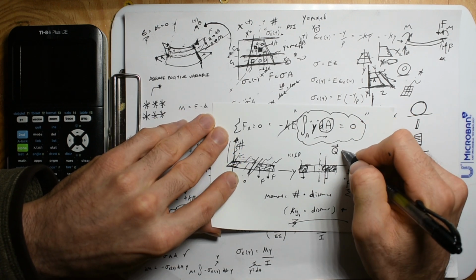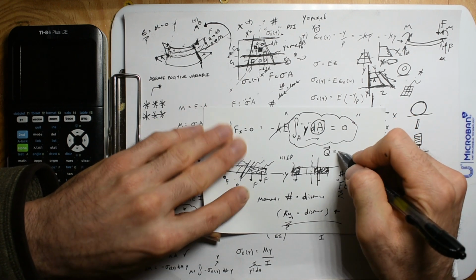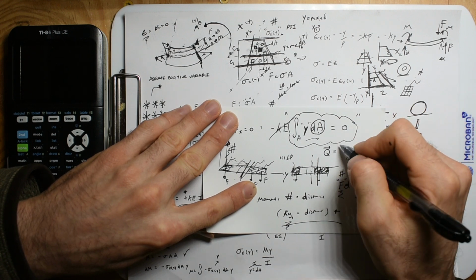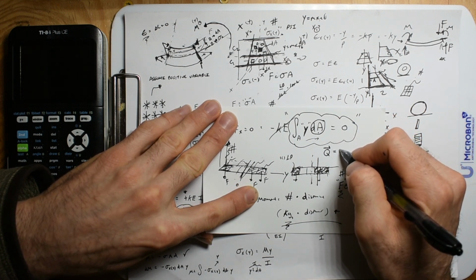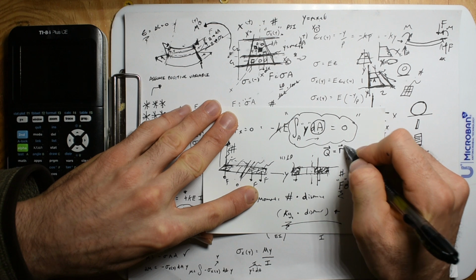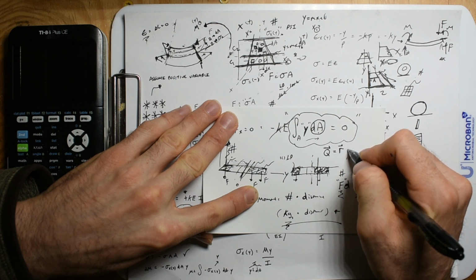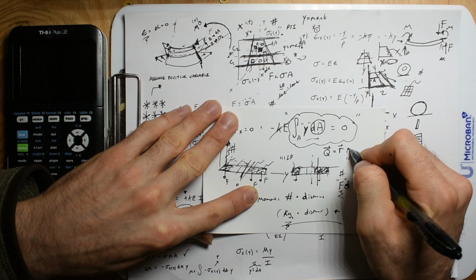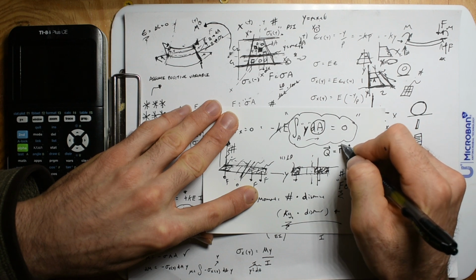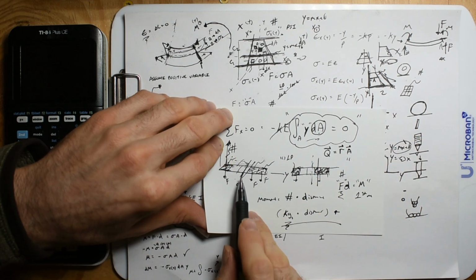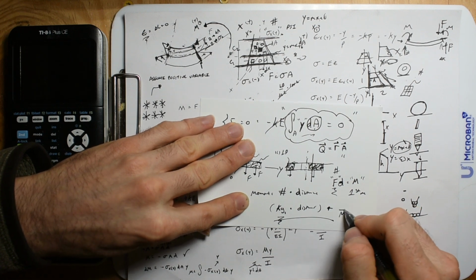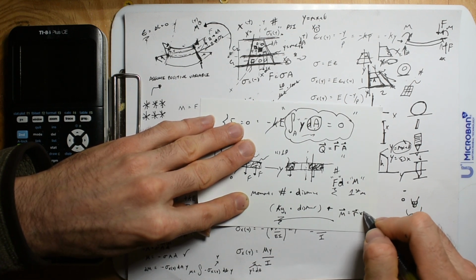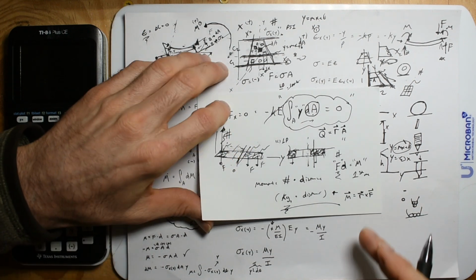And so we could say vector Q is going to be, it's usually r cross F, so it would be r cross dA. So r cross A is that first moment, just like moment as a vector is r cross F. Cool.